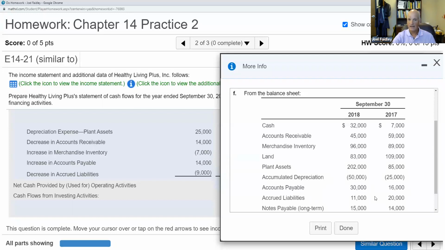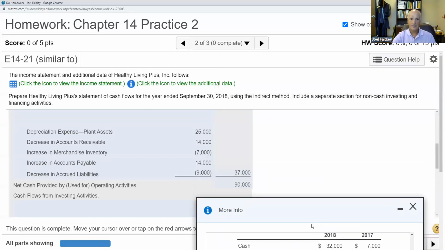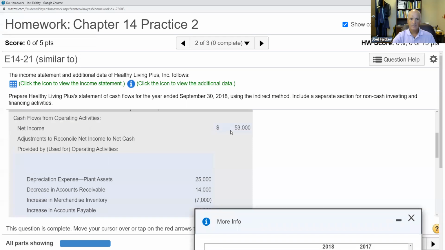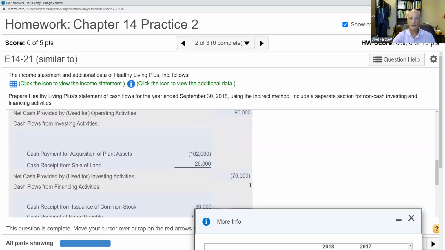It went down 9,000, so that's got to be a negative. All right, so we're done, because notes payable is long-term, common stock, retained earnings. So that tells us that we have 53,000 plus 37,000 from this change in current assets and current liabilities and depreciation expense, your non-cash expense. So that's 90,000. All right, so we're done with the operating section.